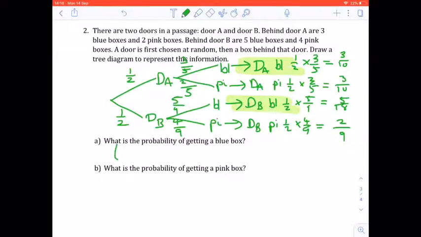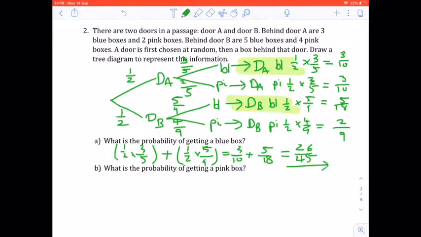So for that first one, door A and the blue box is a half times 3 over 5, plus our next one, which is a half times 5 over 9, which would equal 3 over 10 plus 5 over 18, which equals 26 over 45. I hope that makes sense.